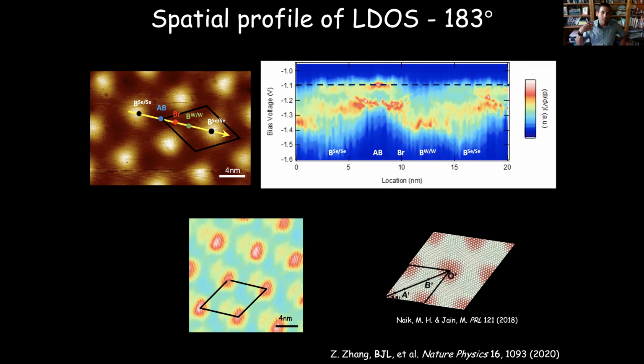And so these materials give you an extra knob to tune, in that you can use different 180-degree twist angles to modify how the wave functions are localized.